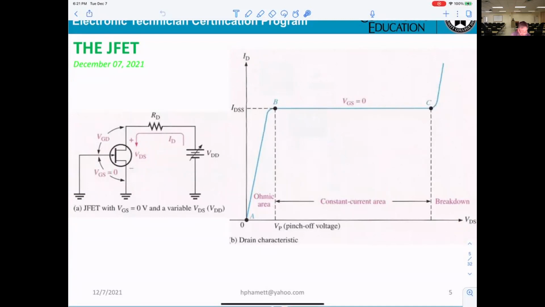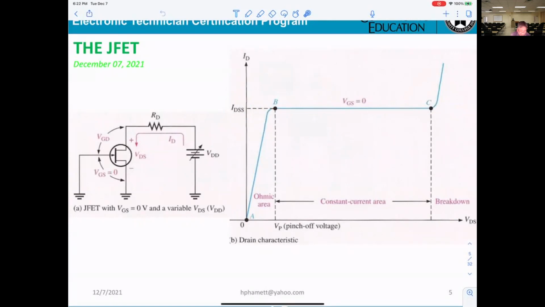And you can see the JFET with VGS equals 0 and a variable VDS. That means you can change VDD, which makes the VDS change. Okay? And if you look here, that's the maximum current the JFET can get. That's what they call IDSS.